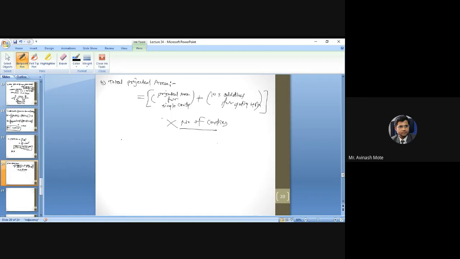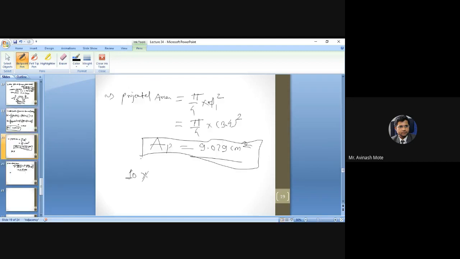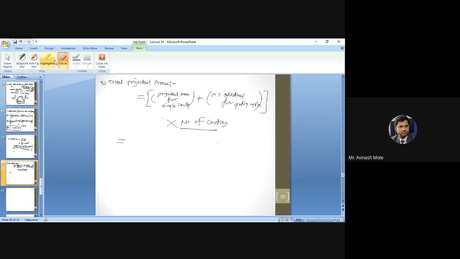So let's calculate this. We already have the projected area for this single cavity. Additionally, we have to consider 10% extra. Let's calculate it and put down the numbers directly.